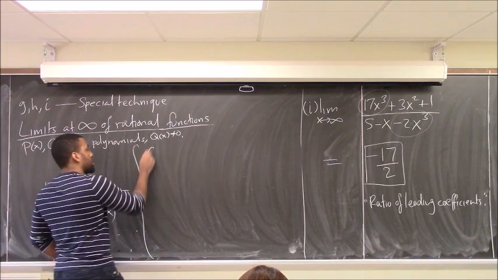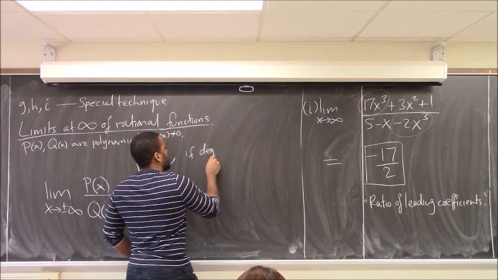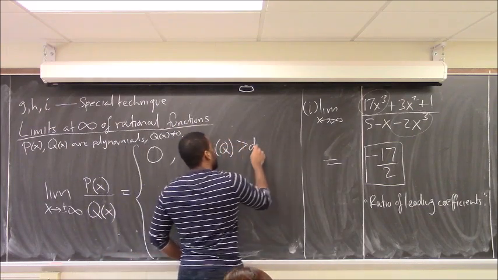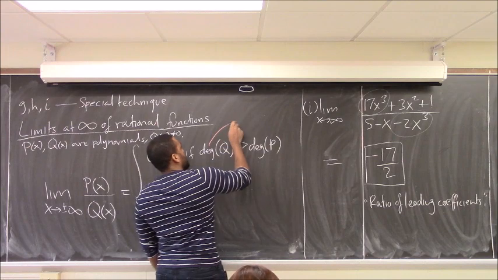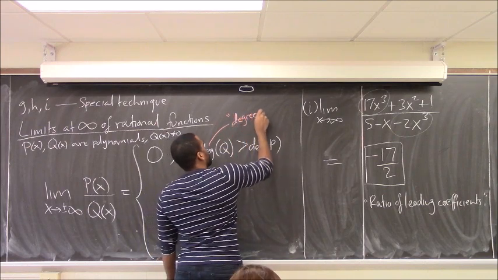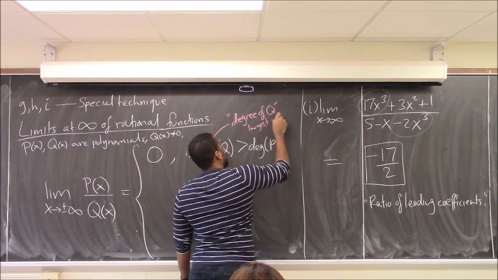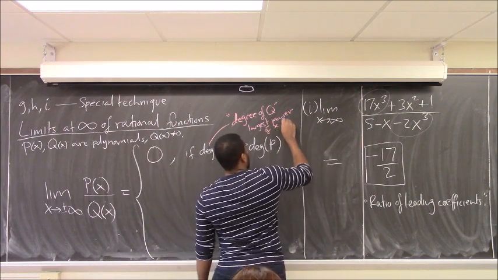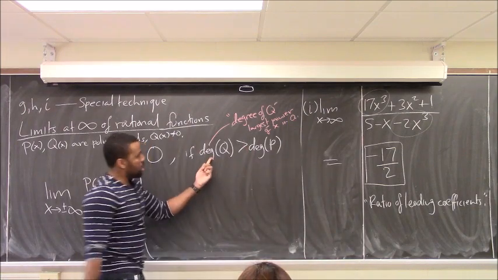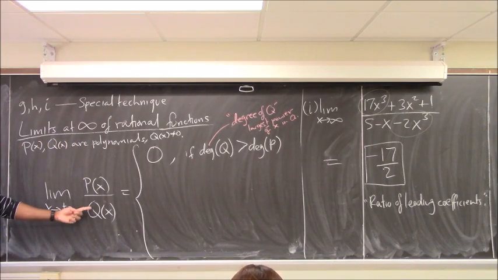One possibility is you'll get the answer 0, and that's if the degree of Q is larger than the degree of P. Degree of Q means the largest power of x in Q. So when the biggest power in Q is larger than the biggest power in P, the power down here is bigger than the power up there, you will get 0 as the limit.